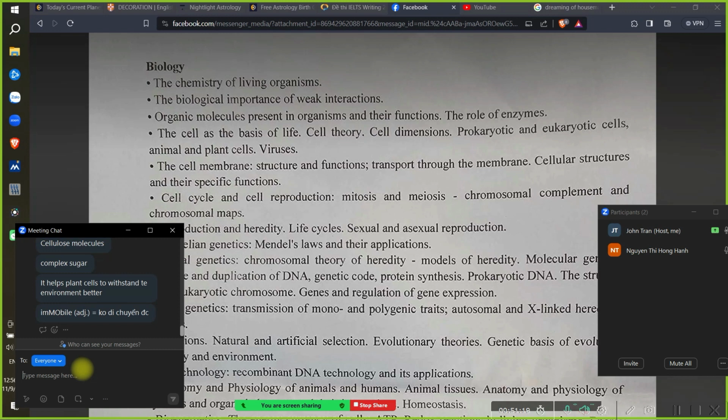The plant cell does not move because of the cell wall. But the animal cell does not have a cell wall, so that's why it can move easily.